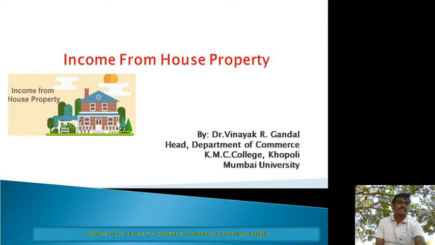Once municipal tax has been deducted, we have the net annual value, and after net annual value, the deduction under section 24 is allowable. That is the first deduction, the standard deduction, which is 30% of net annual value. And once the 30% deduction under section 24 has been deducted, another deduction is available, that is the interest on borrowed capital or loan taken for the house property, either for construction or purchase of the house property.